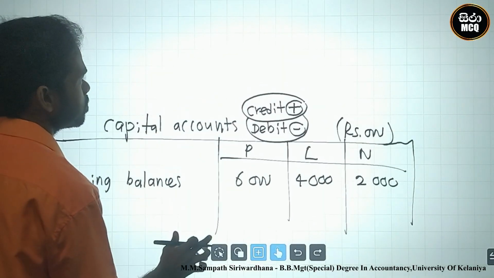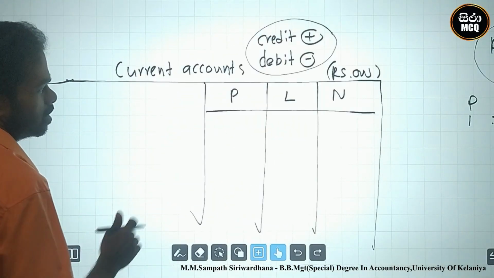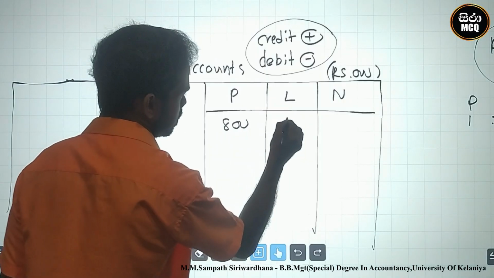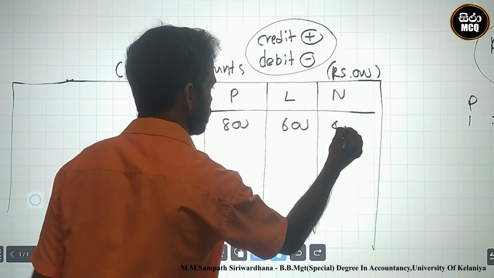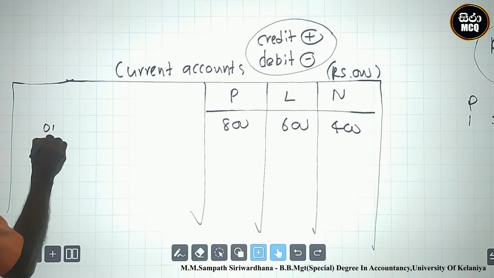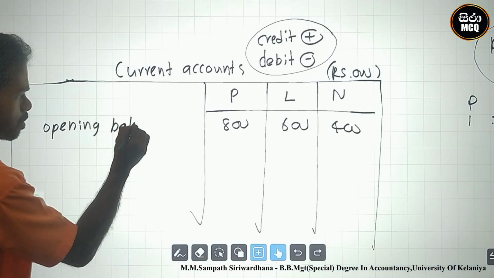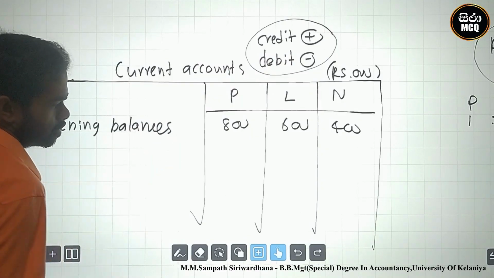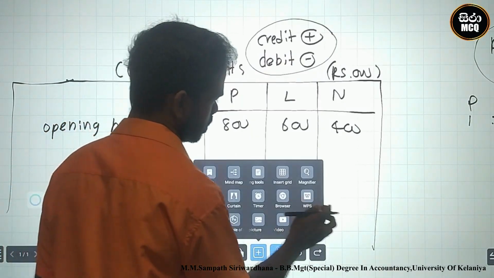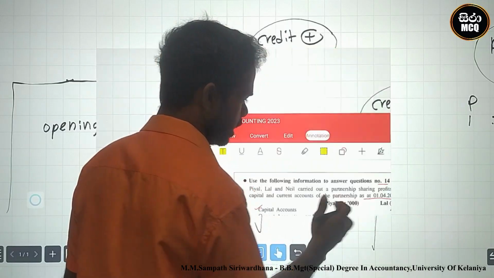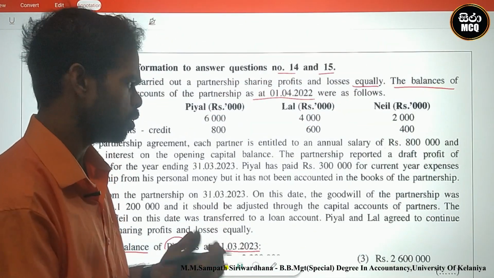These are the opening balances of current accounts. These are the credit balances, the normal balances.